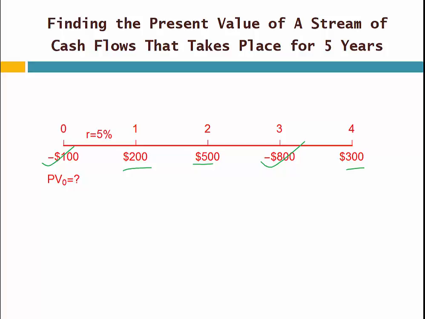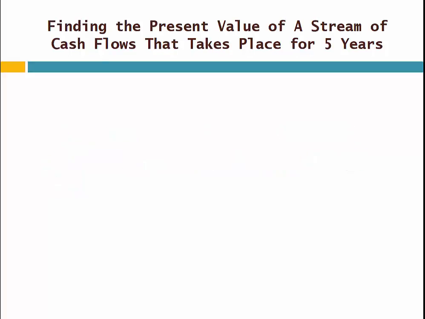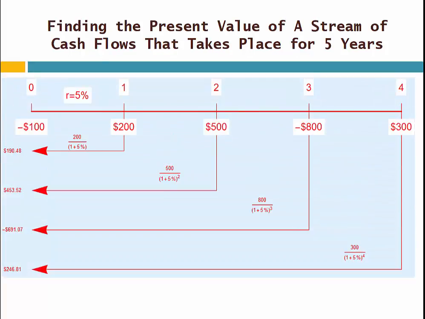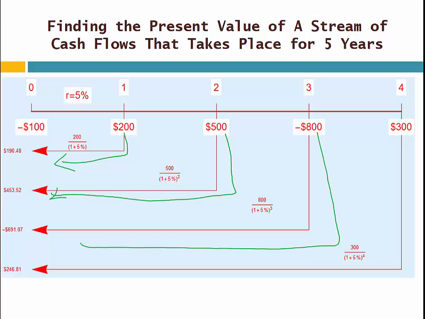It's a cash outflow. So now you have five cash flows. How do you find the present value? Remember the technique. You can individually discount and sum them all. And how do you discount? You simply divide each future cash flow by 1 plus r to the power of the number of periods.